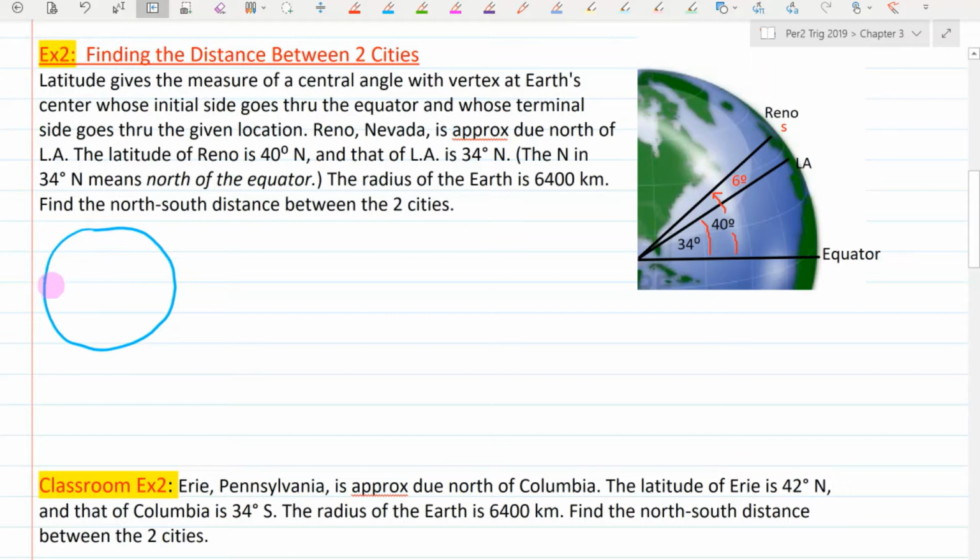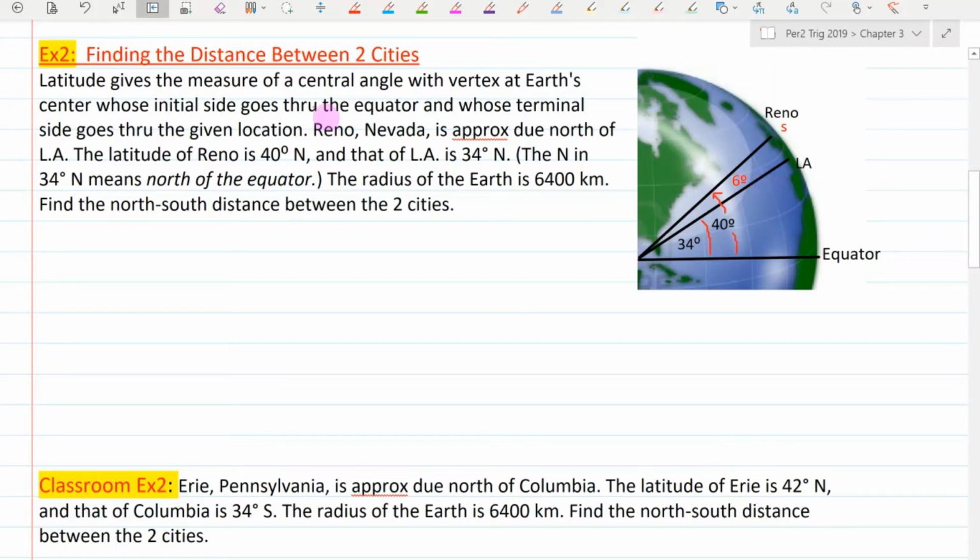If this is the world, and the equator is here, and we want to know how far north or how far south something is from the equator, then we're going to use a picture that looks like this. I would like you to draw a picture when you're doing this. I know we have a picture there, but we're going to draw one anyway.